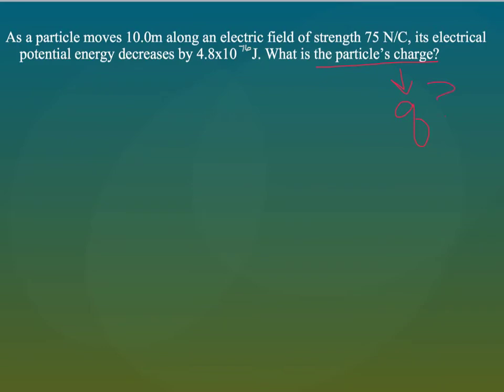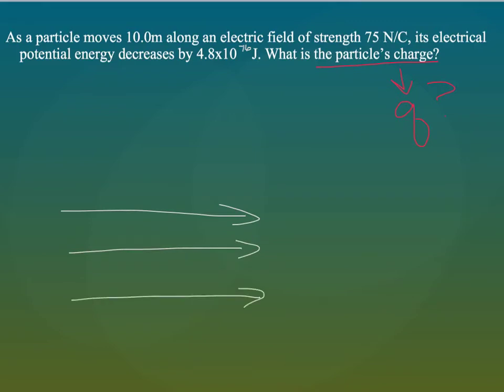Let's visualize what's happening. We have a uniform electric field, because everything we talk about now is a uniform electric field, where E equals 75 newtons per coulomb. A little particle moves down this field 10 meters, which is a pretty long way.